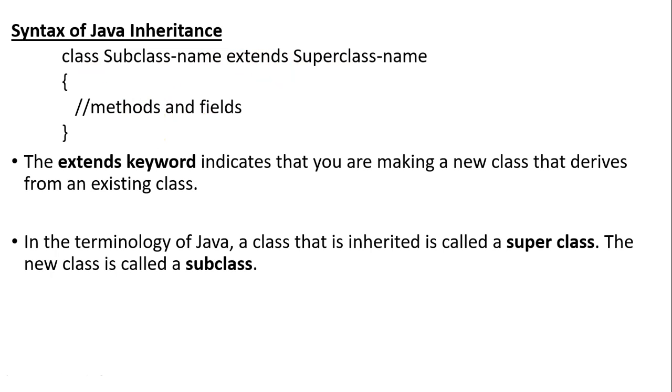The extends keyword indicates that you are making a new class from the existing class. In Java terminology, the class that is inherited from is called a superclass, and the newly created class is called a subclass.